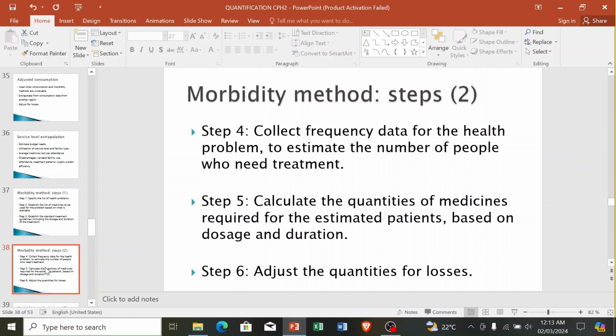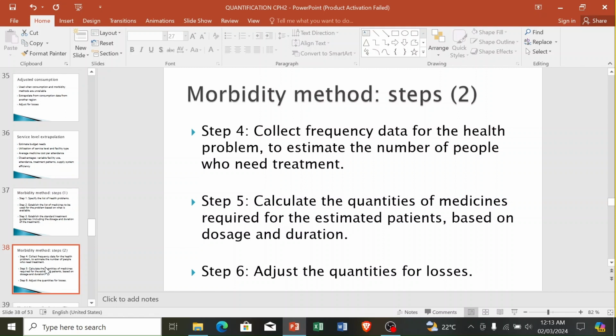If I am managing malaria and I'm dealing with adults, say I have 10 adults suffering from malaria, we know that the treatment should take 3 days. And if they are using artemether-lumefantrine, meaning they have to swallow the solid dosage forms, they will swallow four tablets in the morning and 4 in the evening.